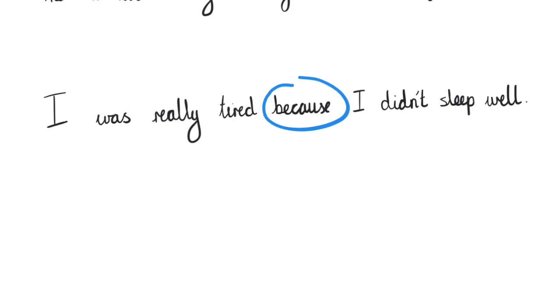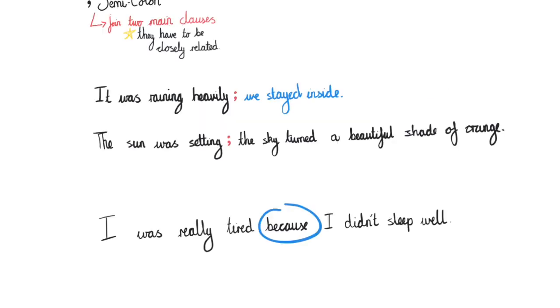Semicolons only link the two main clauses, but because I've used a subordinating conjunction, that's saying that the following clause that I'm about to put is reliant on the first part. So I'm saying that to fully understand why I was really tired, we have to know that it's because I didn't sleep very well. So you wouldn't be able to use a semicolon in that case.